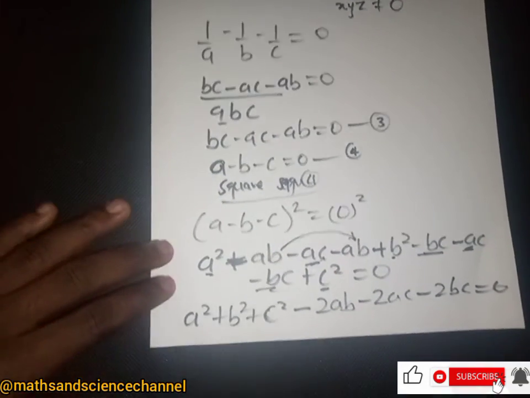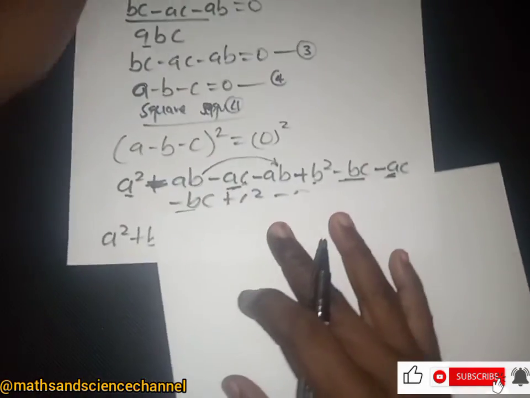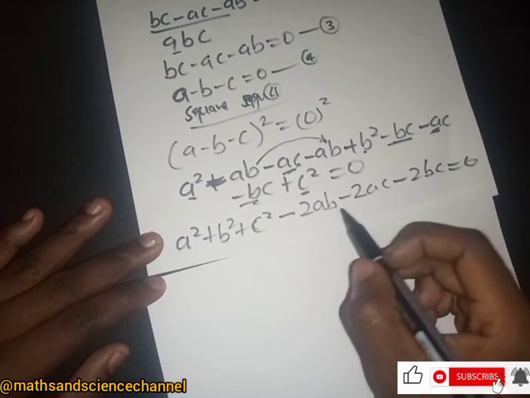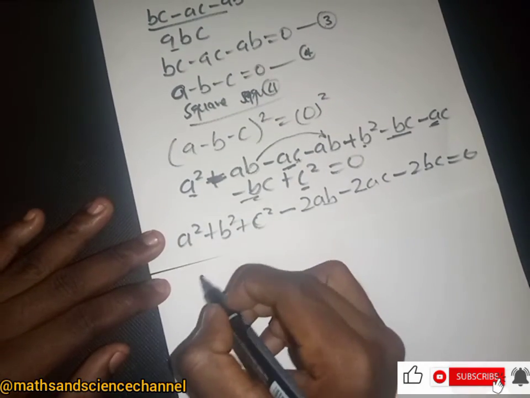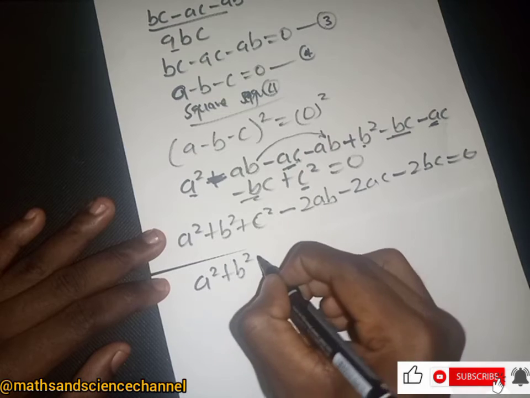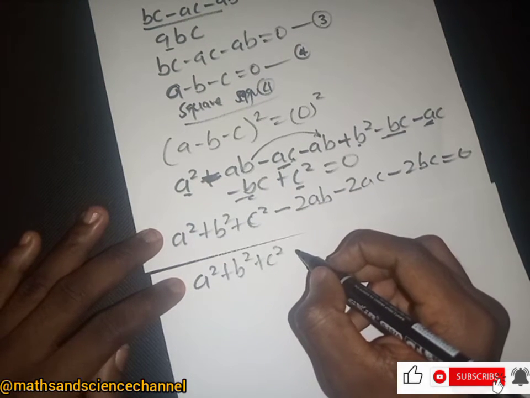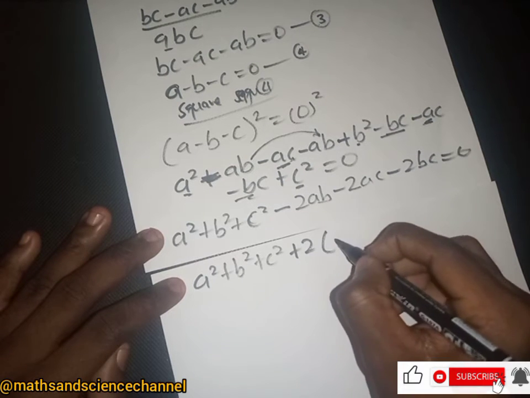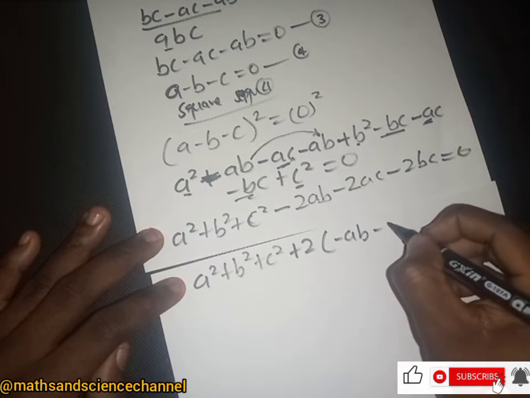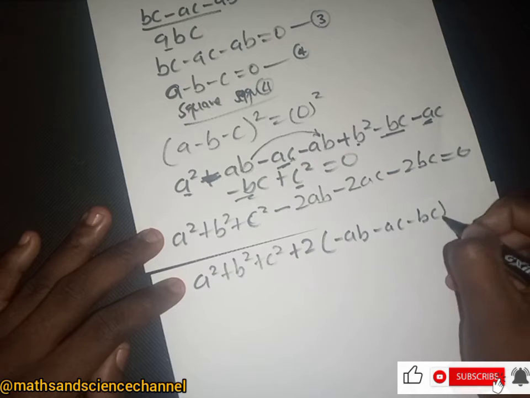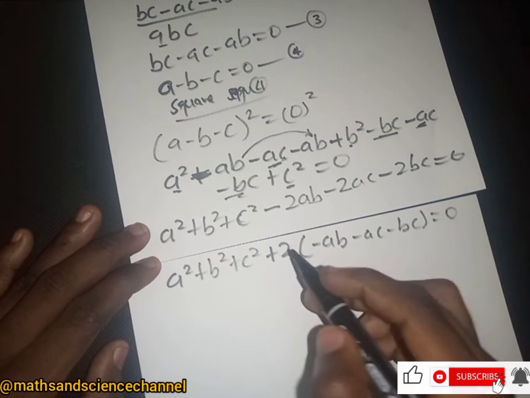Okay, now from here we can factorize 2 out, so we can have a squared plus b squared plus c squared here, and we can factorize 2 out so that we have negative ab minus ac minus bc here being equal to 0, right? So this is what we're going to have.